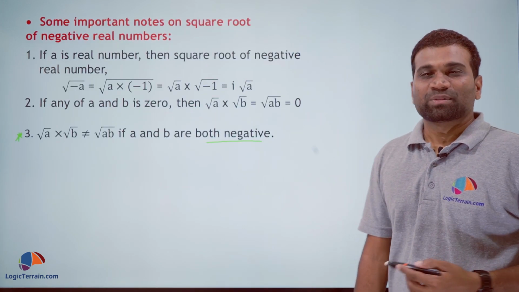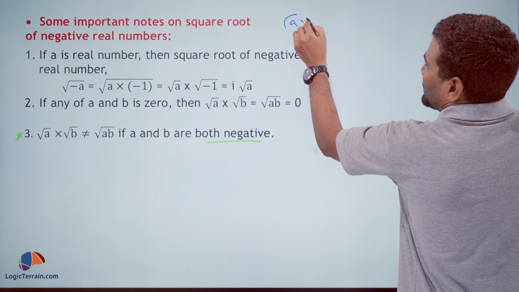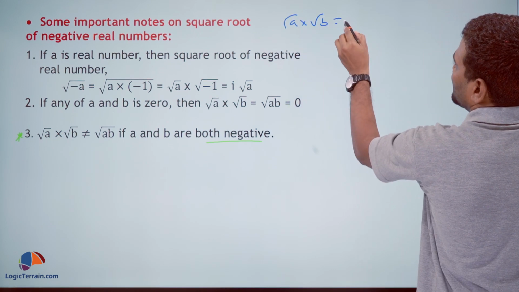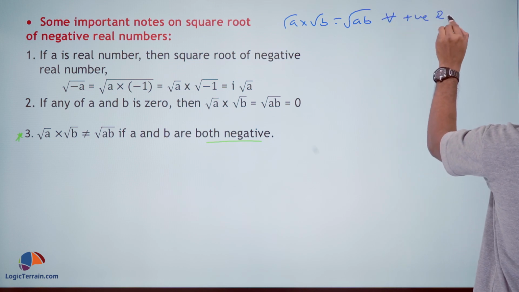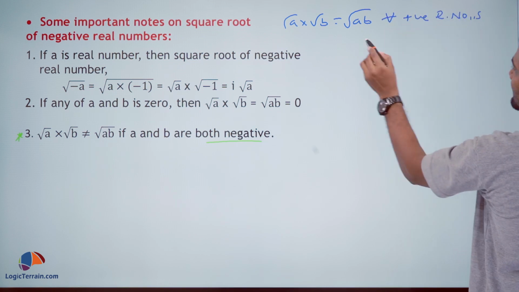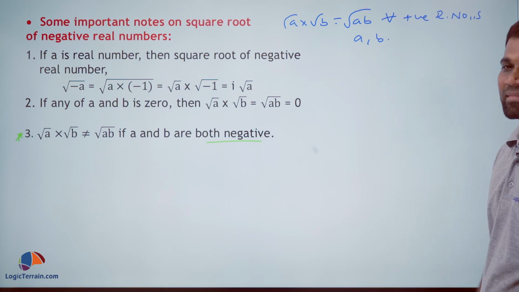We already know square root a into square root b is equal to square root of a into b for all positive real numbers a, b.